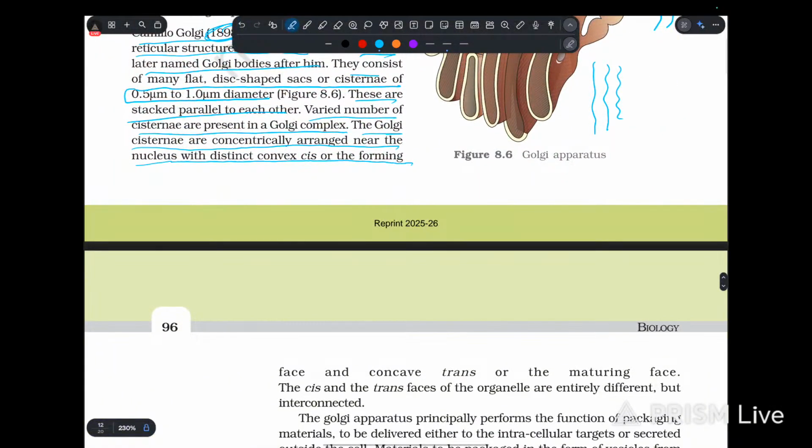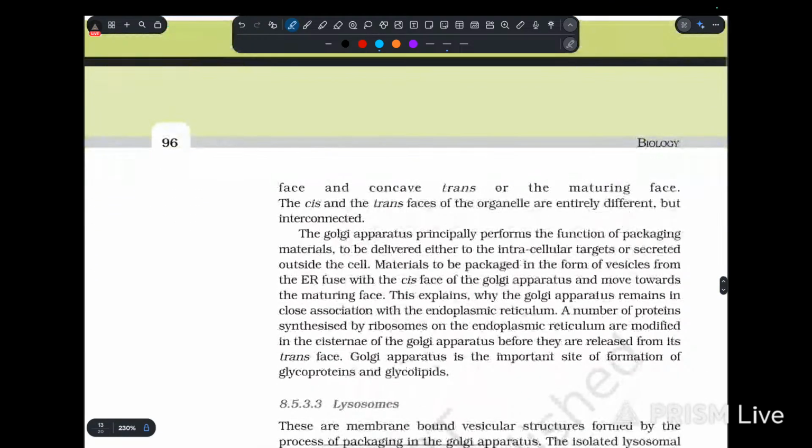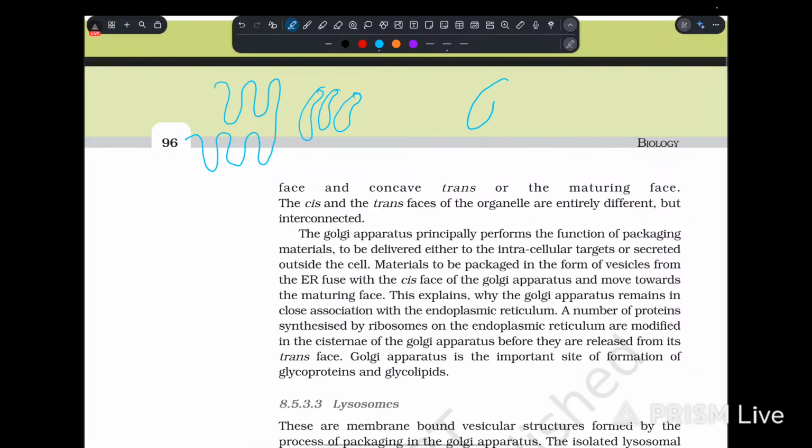So there are two faces of the Golgi apparatus. If we think that this is the endoplasmic reticulum, and look at a single cisterna, the face towards the endoplasmic reticulum has a convex shape and is called the forming face or cis face.